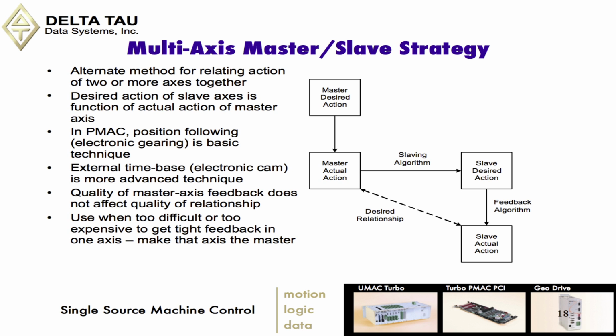In other words, motor 1 is an X axis, motor 2 is a Y axis. If I want them to move together as a simultaneously interpolated motion, I would command X and Y on the same command line in the motion program. That would give me a coordination of multiple axes.